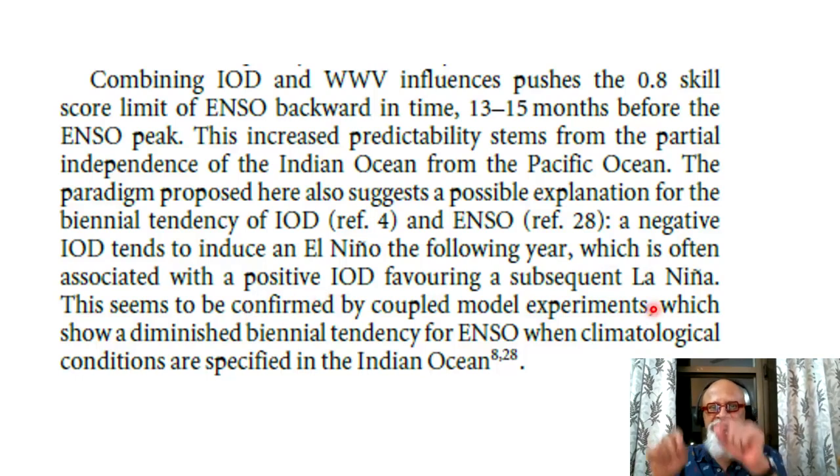So they are imagining this quasi-biennial time scale of IOD to ENSO: positive ENSO, negative ENSO, positive IOD, negative IOD, and so on. This seems to be confirmed by coupled model experiments, which show a diminished biennial tendency for ENSO when climatological conditions are specified in the Indian Ocean, which means ENSO becomes less biennial if you don't allow the Indian Ocean to respond to El Nino and feed back to El Nino.